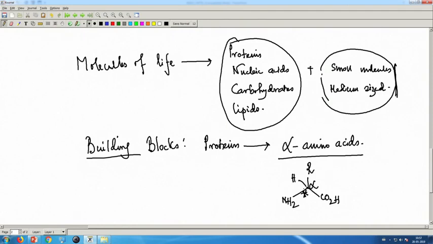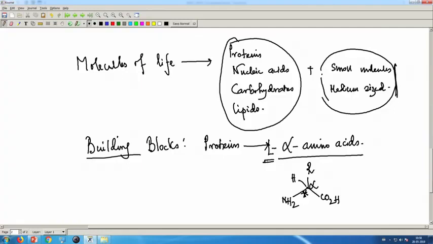Now, that means this can exist in two enantiomeric forms, and interestingly, all alpha amino acids which are present in the living system to make the proteins belong to the class of L amino acids. So, they have the L configuration. So, what are the building blocks of the proteins? You have to say that they are made up of L alpha amino acids.